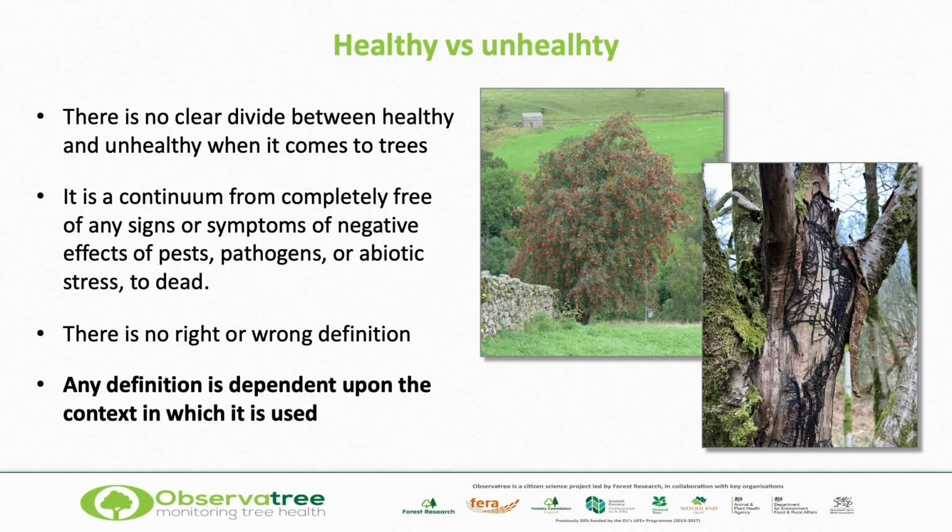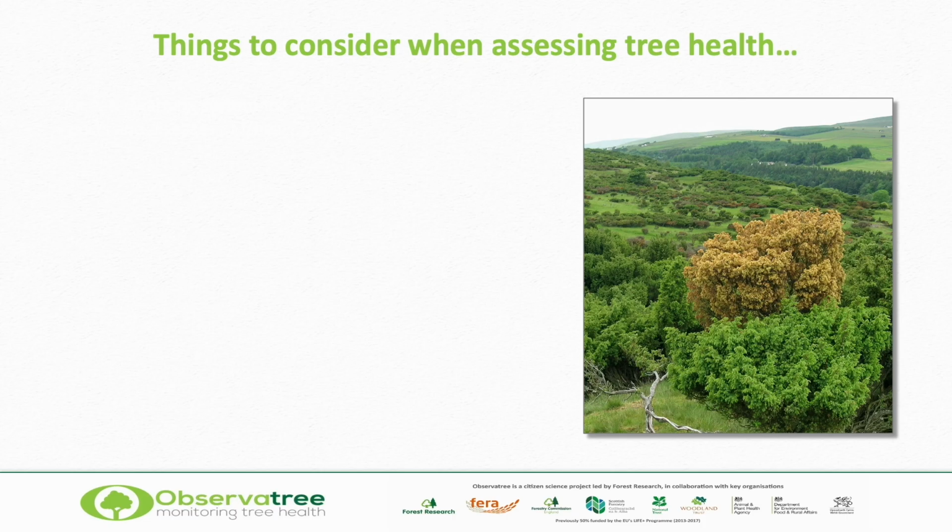But we can start to look at a few things that we need to consider when we're trying to get an idea of whether the tree is healthy or unhealthy. Sometimes it's pretty easy to spot, oh, something's wrong here, especially if you've got a whole group of trees and just one of them is looking off colour or atypical. And the word typical is really important here.